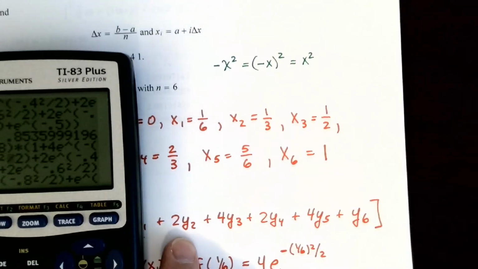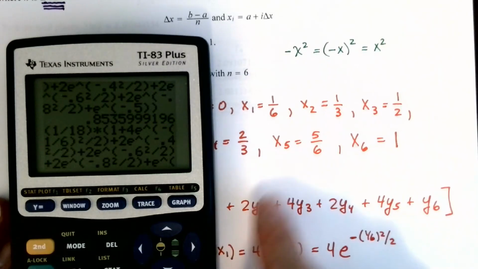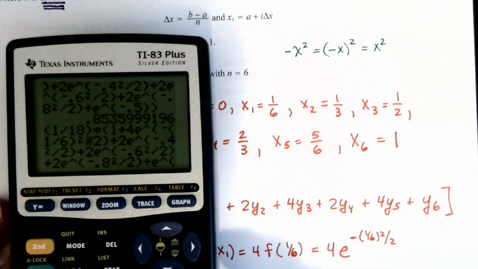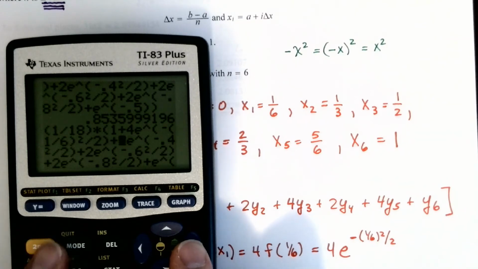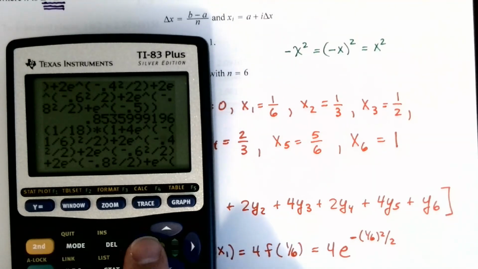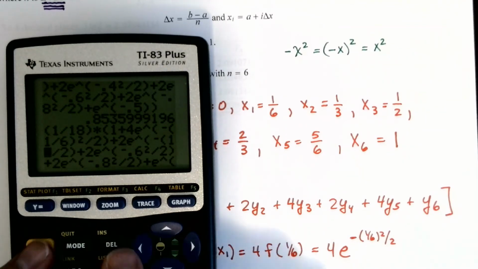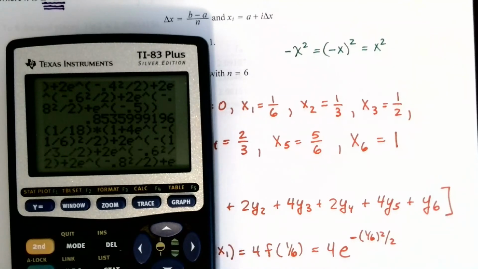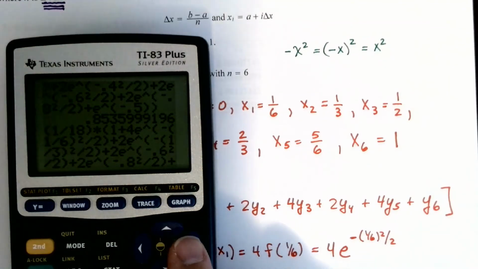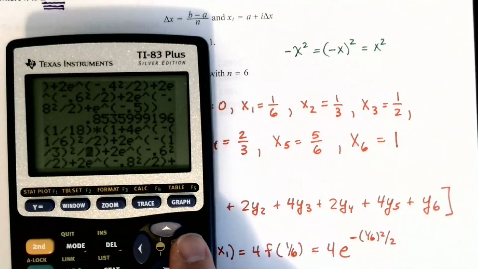And then 2y sub 2, where x sub 2 is 1/3. So I've got plus 2, e to the negative, and now I'm going to put in 1/3. So I've got a 1, and I need to insert divided by 3, close the parentheses, squared, divided by 2.